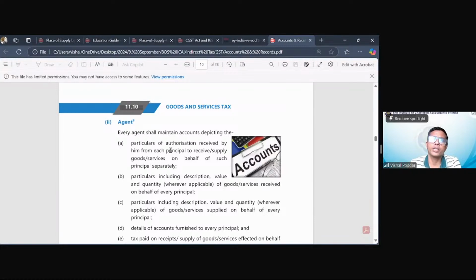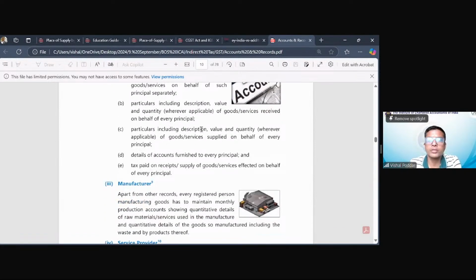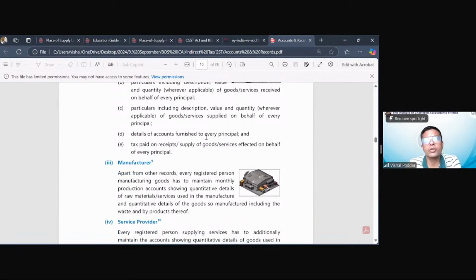I would say you should maintain the contract, because that is where all these authorizations are given, as to what is expected from you as an agent, what your roles and duties are, etc. Then, particulars including description, value, and quantity of goods or services received on behalf of the principal. Particulars including description, value, and quantity of goods or services supplied, again on behalf of the principal. And details of accounts furnished to every principal.